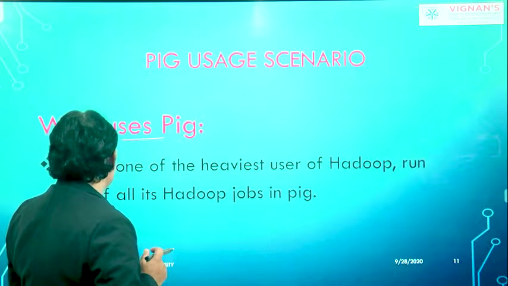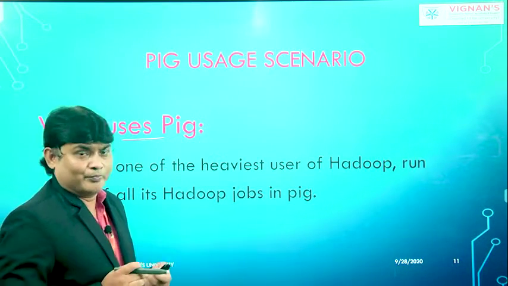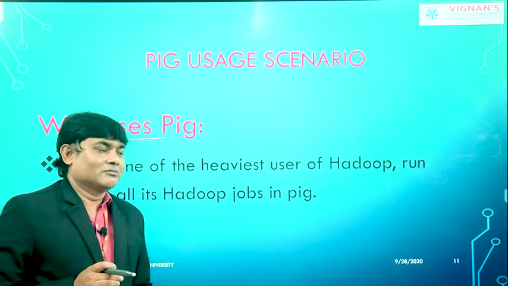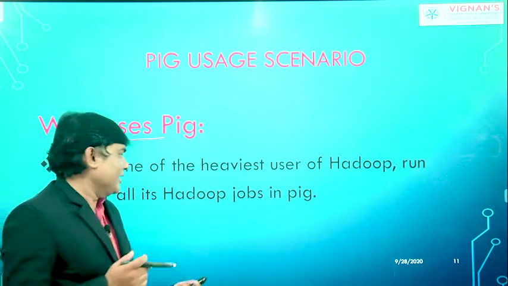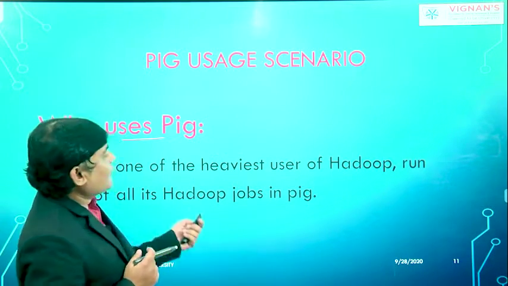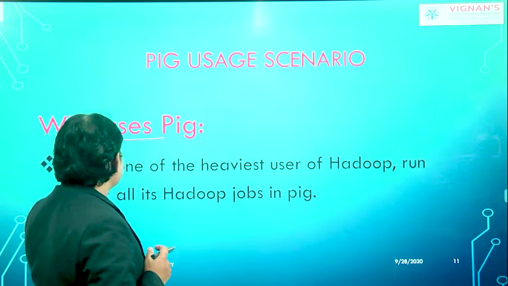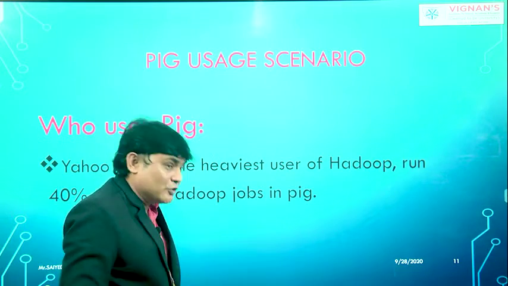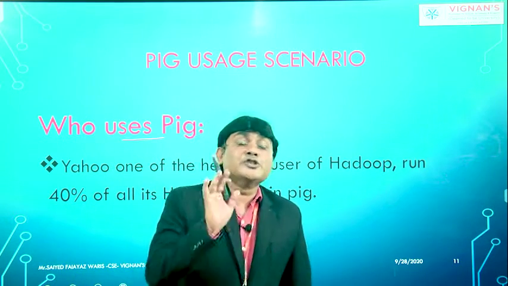The first one is that Yahoo is one of the companies that use Pig at a very high rate. Yahoo, one of the heaviest users of Hadoop, runs 40% of all its Hadoop jobs in Pig.